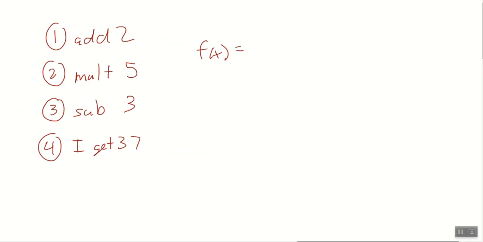I'm going to add 2 to it, multiply that all by 5, then I'm going to subtract 3. And my output will be 37. So in this case, it's f of x.